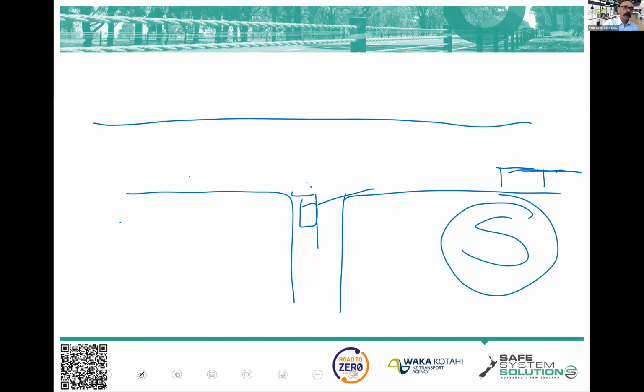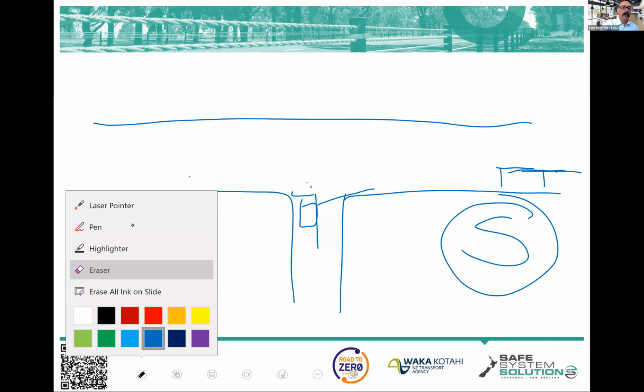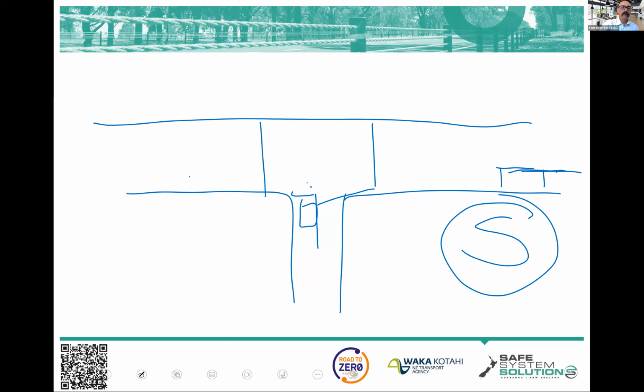What would be a primary treatment in this location? Well, again, we could talk about a roundabout would be one, or we could talk about a raised intersection, slowing vehicles to within those threshold speeds. We could talk about closing the intersection altogether.